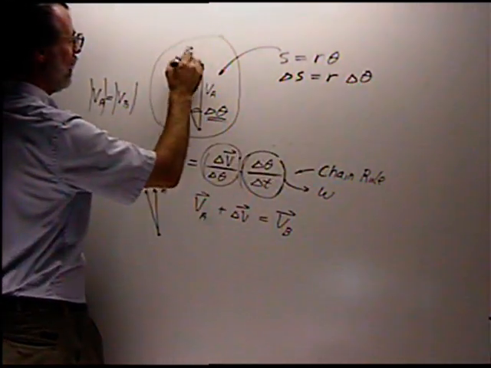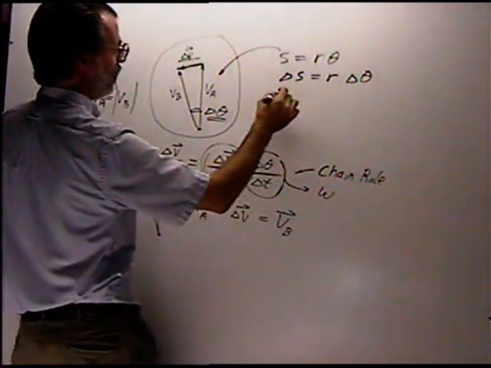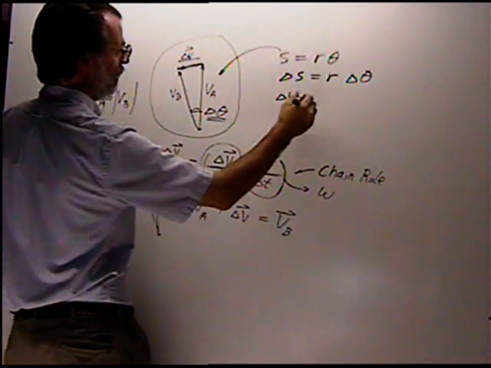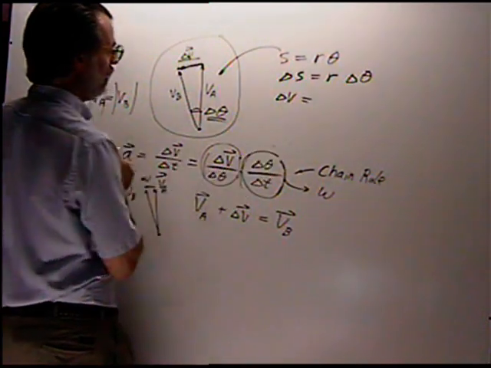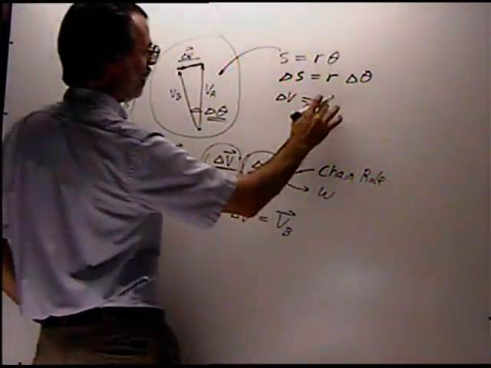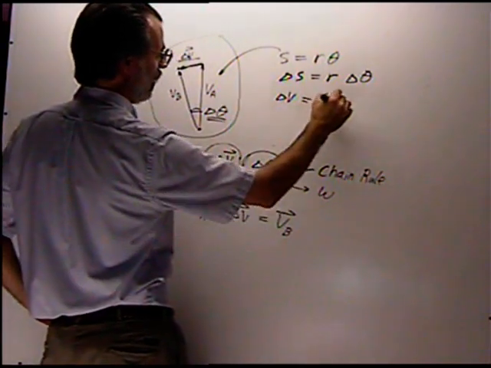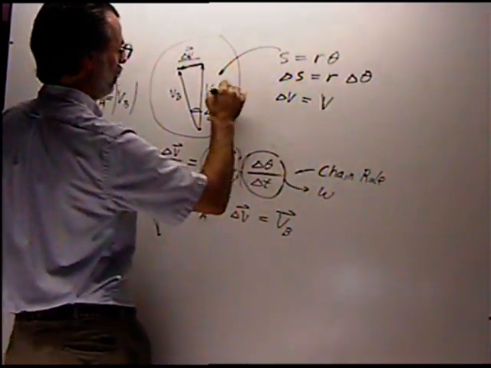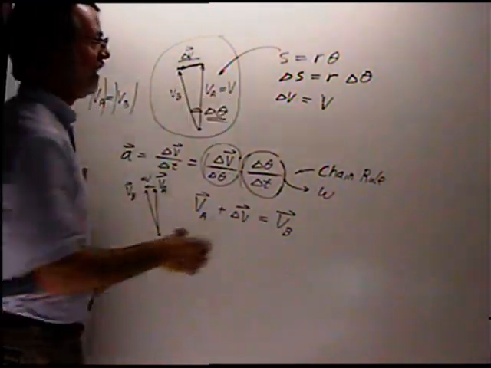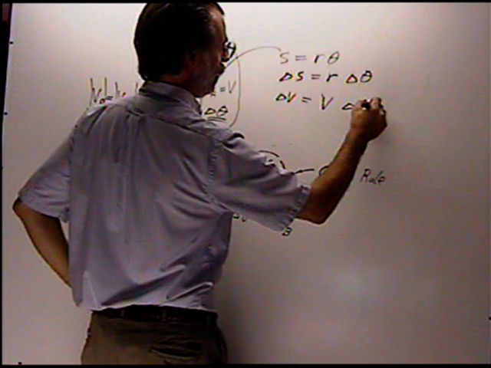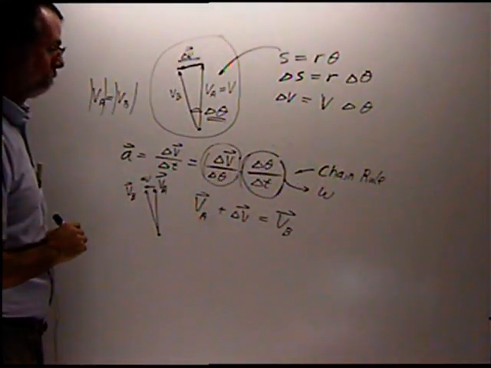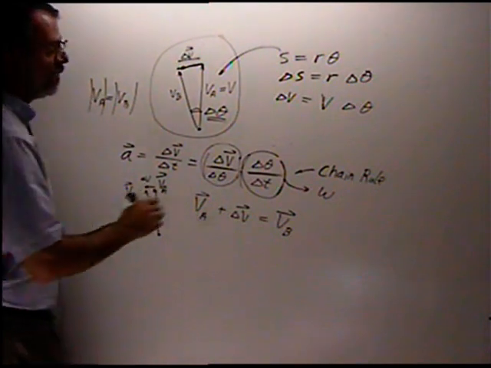This length right here I'm going to say is delta V. The length of this, delta V, equals R, and the radius in this case is simply the numerical value of the velocity, V, times delta theta. So what do we have?